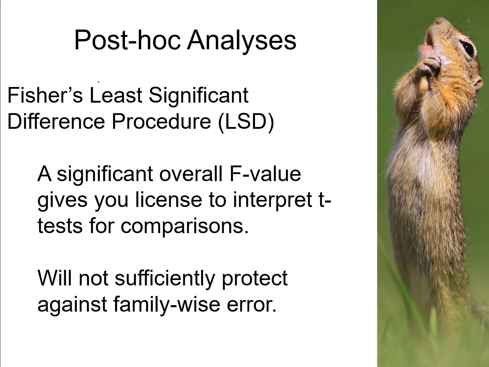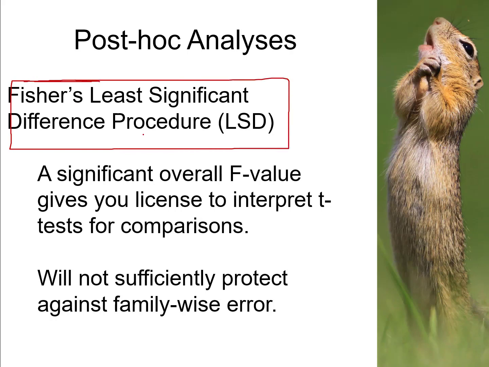The first option I have here is something called Fisher's Least Significant Difference Procedure. It can be abbreviated Fisher's LSD, not to be confused with the drug LSD. This is a fairly simple thing to do. All we do is this. First, we do that omnibus test and do an F test to see if we have a significant omnibus effect.